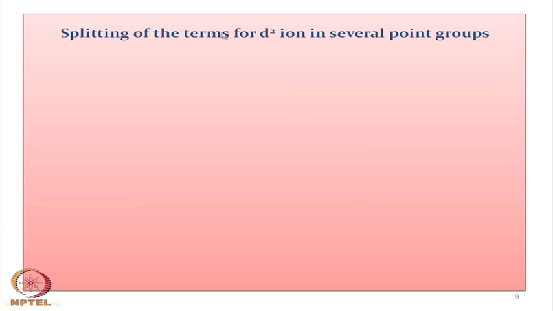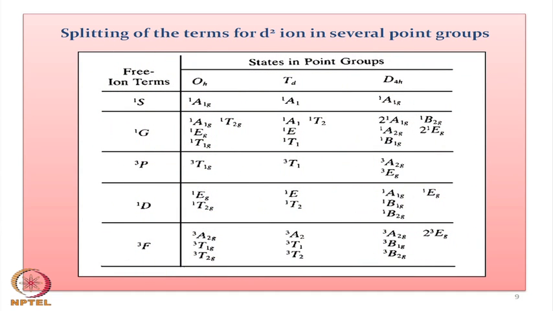If we see the splitting of the terms for the d2 ion in several point groups, what are the terms we can have for a d2 ion and the different splitting of its terms in the different point groups? The free ion terms that we can find for the d2 ion are 3F, 1D, 3P, 1G and 1S. So, these are the possible free ion terms.